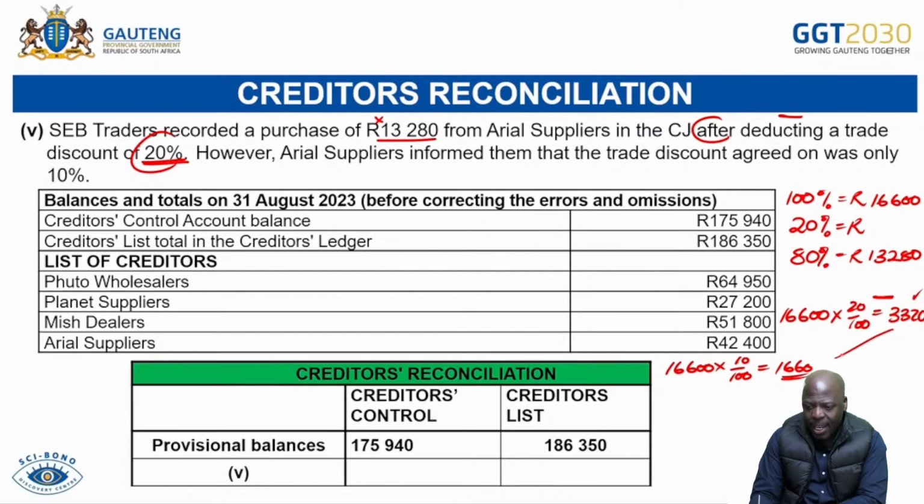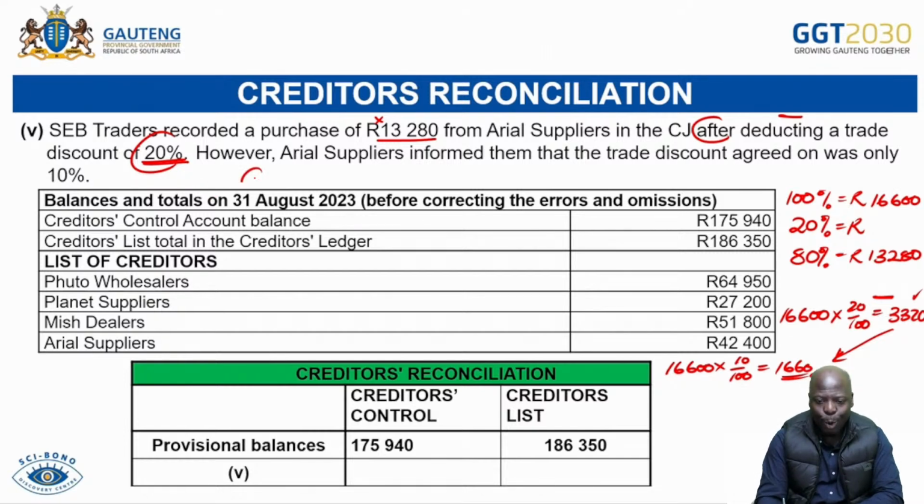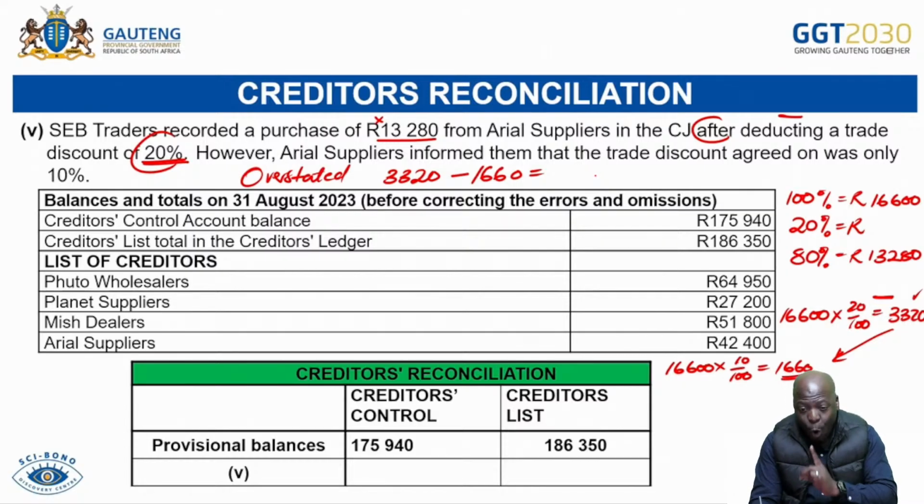So the easiest way is to get the difference between these two amounts and then add back that amount. It goes back to what I said earlier: here we can see that the amount was overstated. Once it is overstated, you get the difference between 3,320 and 1,660, and you record it with the opposite sign. The sign that we had here was a minus, so the opposite sign would be a plus.